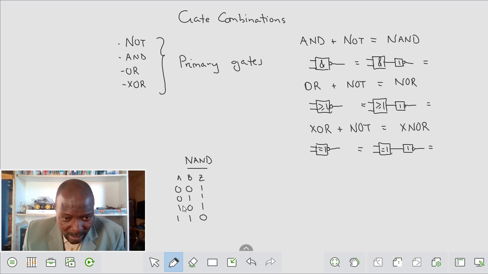Just like the AND gate looks out for a 0, but with the AND gate you get a 0, with a NAND gate you actually get a 1. Now if you look at these two inputs, when they are equal, when they are the same, they give you the opposite. If the equal is 0, they give you the opposite, which is 1. If the equal is 1, they give you the opposite, which is 0. That actually suggests what?